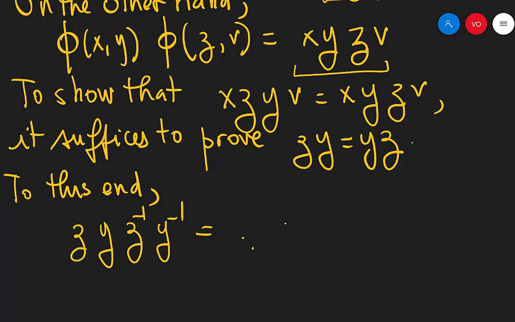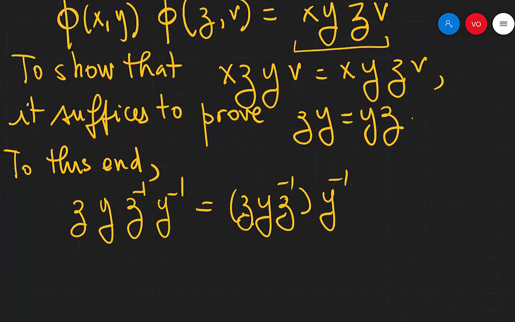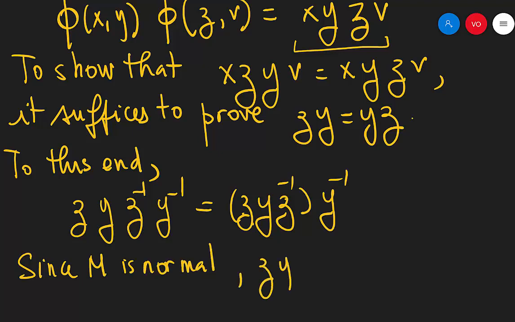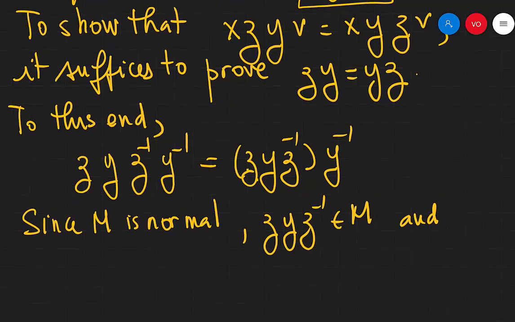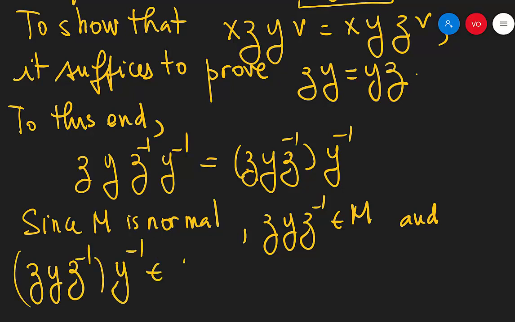Okay, this will be z y z inverse y inverse, right? But then since M is normal, this shows that z y z inverse has to be in M, and since M is closed under its operation, then z y z inverse y inverse is also in M.